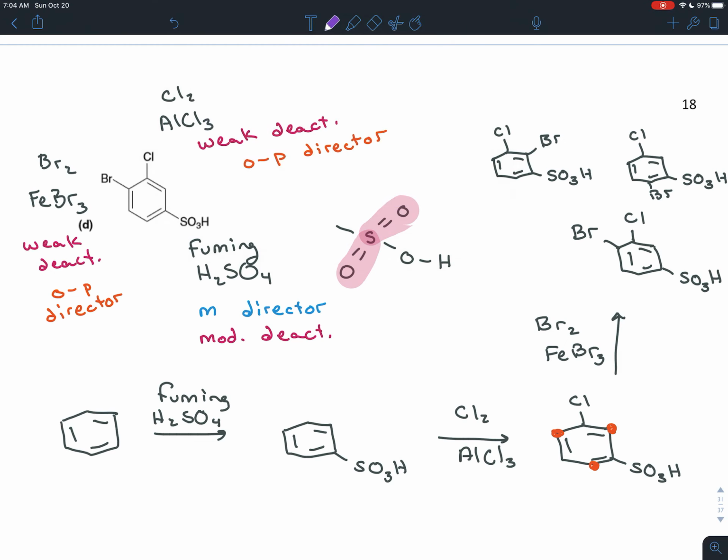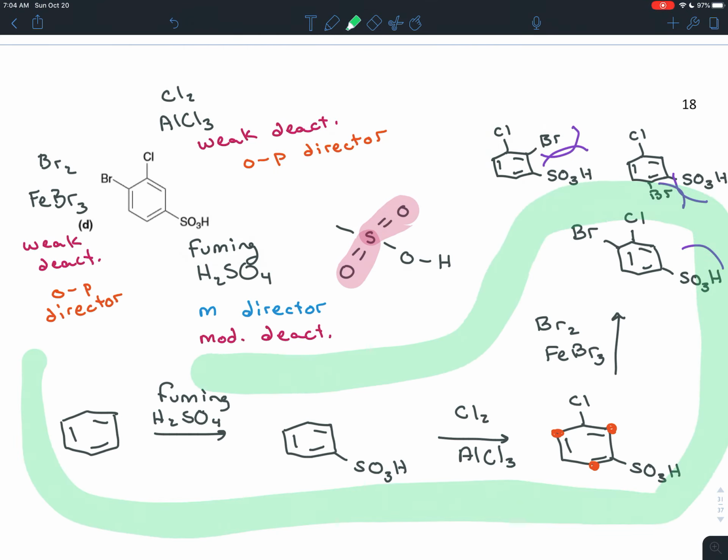It's bigger than chlorine, and chlorine is the size of a methyl group. It's really big, and the SO3H group is really big. You can see how there's going to be a lot of repulsion between those, and that disfavors those products. So by far you get the product where the bromine has plenty of space, and the SO3H group has plenty of space, or at least more space than they have in the other products. And so this is a pretty good synthesis.